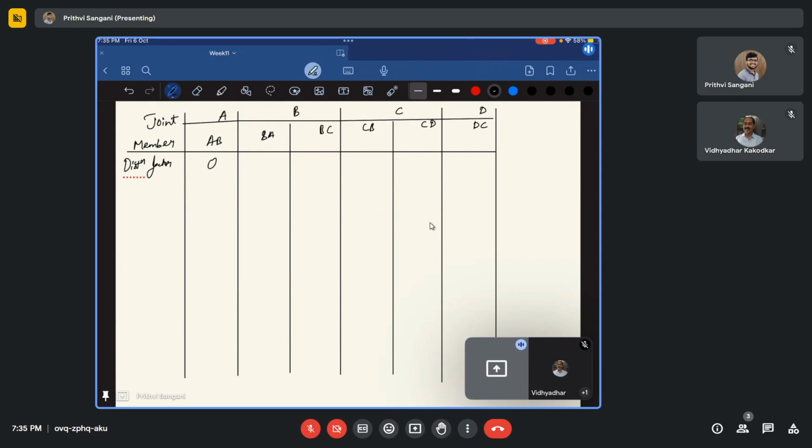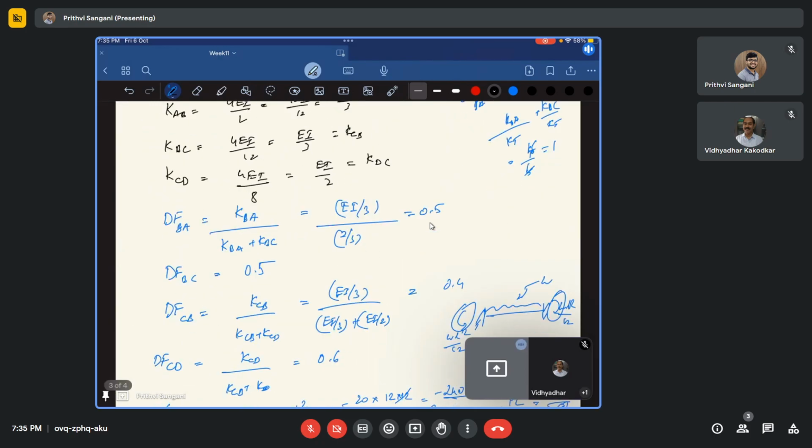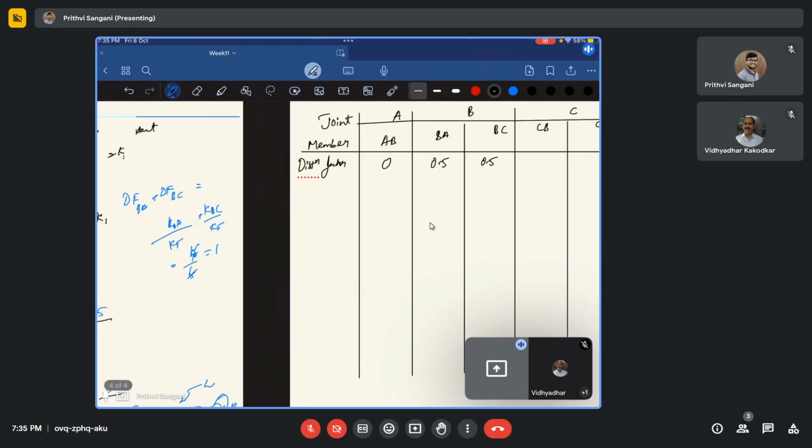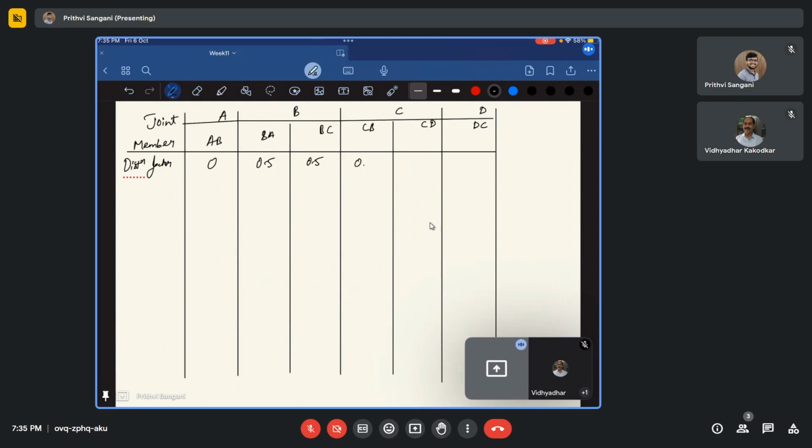For BA it is 0.5. For BC it is 0.5. We have just solved it. For CB it is 0.4, and for CD it is 0.6, and for DC there's nothing happening at the joint there. Okay. Now fixed end moments.